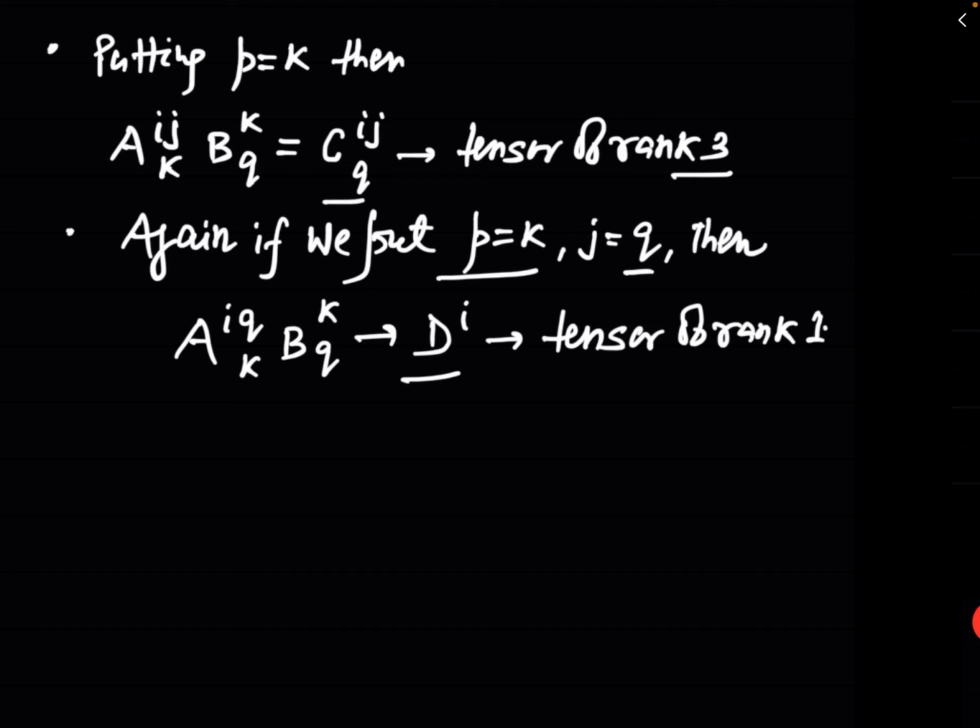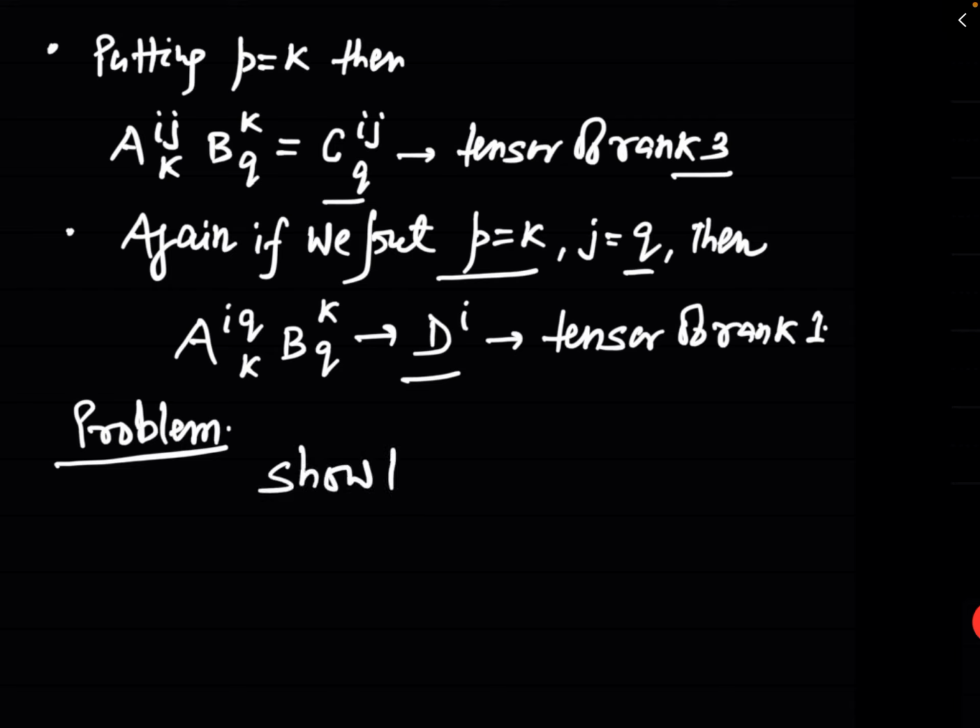So this is the technique to find the inner product of two given tensors. Now in this regard, let us solve a problem to clarify the idea of inner product of two tensors.